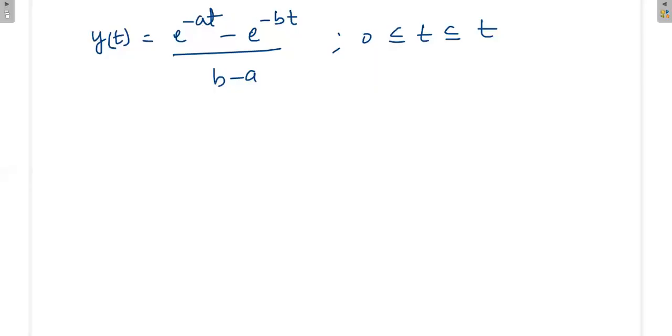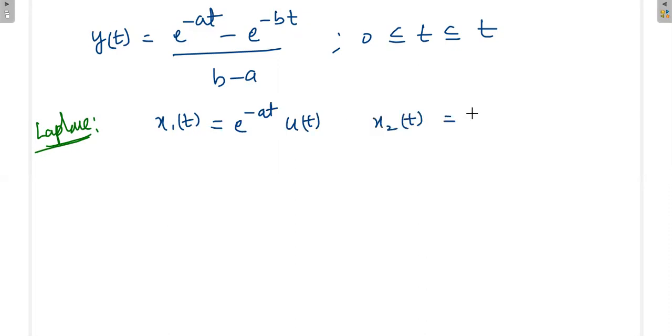So same question we'll try with Laplace transform. What is given? x1 of t is equal to e power minus at u of t, x2 of t is equal to e power minus bt u of t.